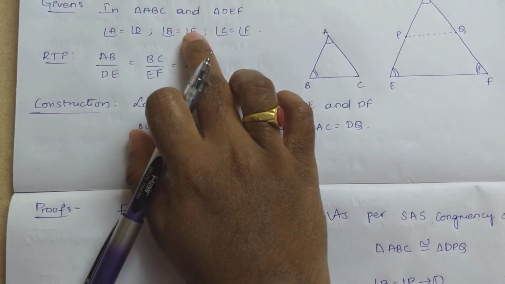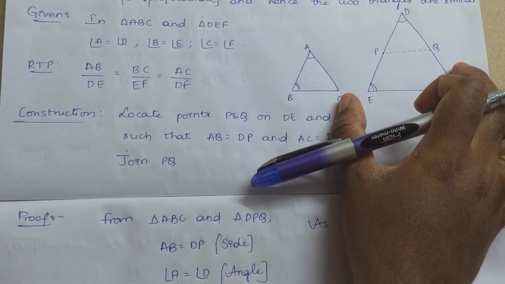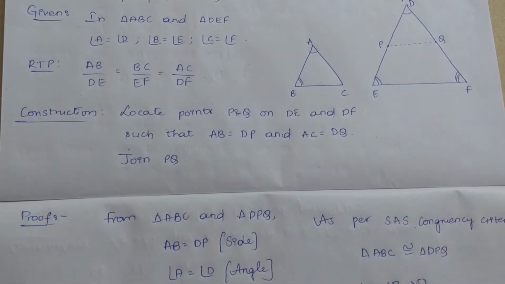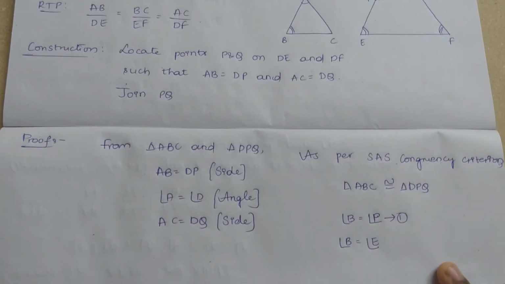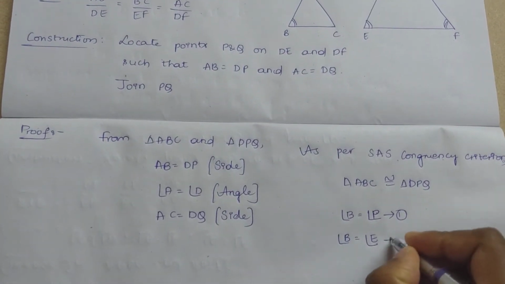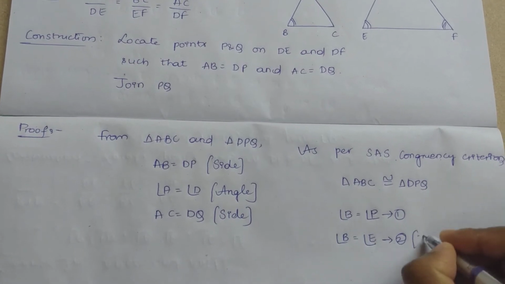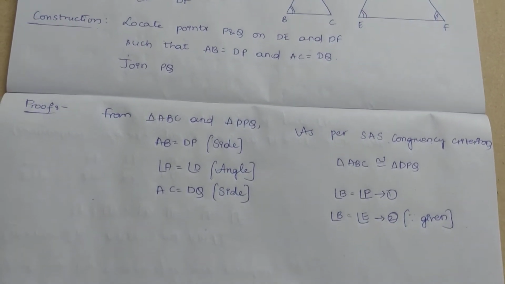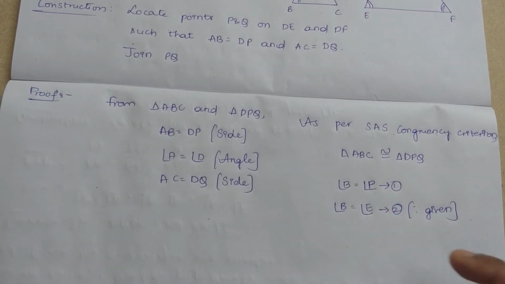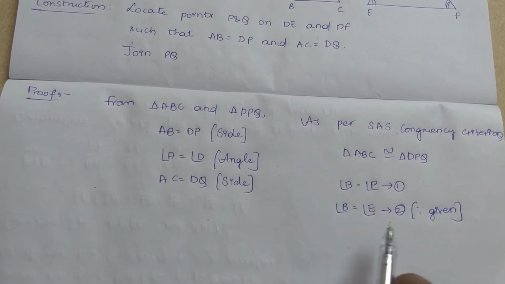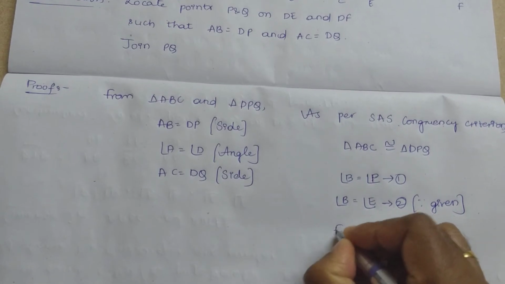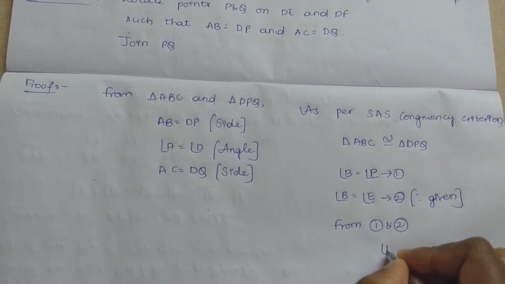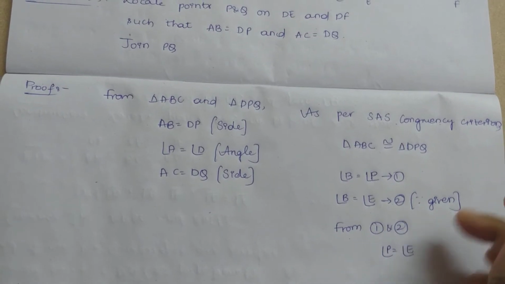The corresponding angles of triangle ABC and triangle DEF are equal, that is in the given part. So angle B equals angle E, put it as equation 2 and in brackets write that we have obtained this from the given part. So from equations 1 and 2 what can we write? We can write that angle P equals angle E. So from equation 1 and equation 2, angle P equals angle E.